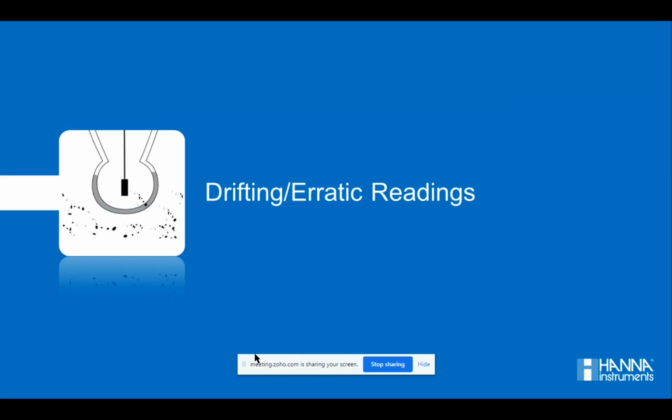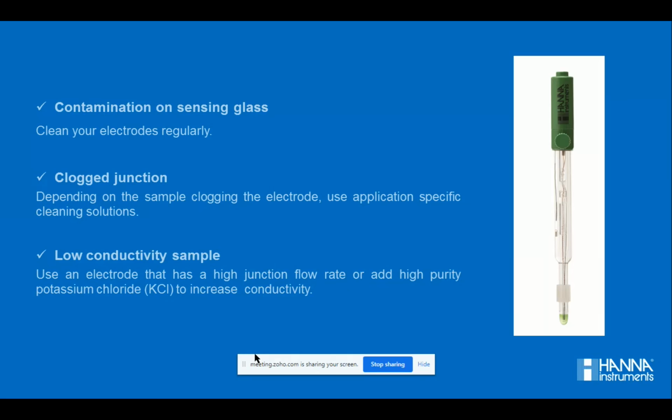Drift means never ending drift, means you might see continuous increase in the pH measurement or continuous decrease in pH measurement, or there is high fluctuation in the reading. That can be an erratic reading, which can be observed at the time of measurement. So, what are the possible factors that give drift in measurements or erratic readings during measurements?